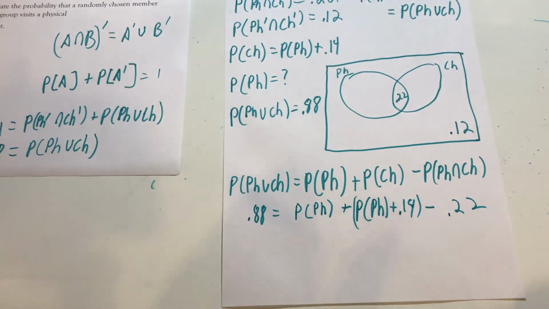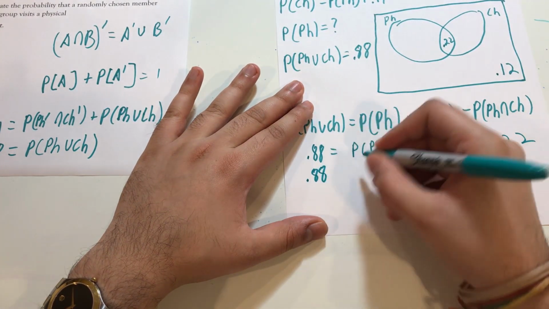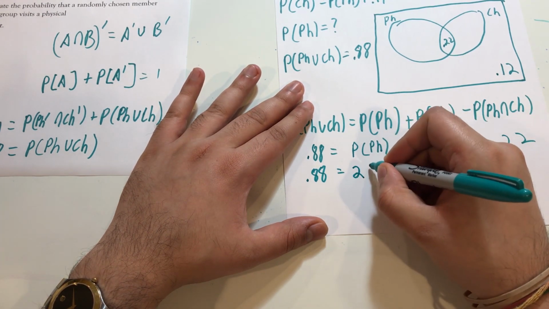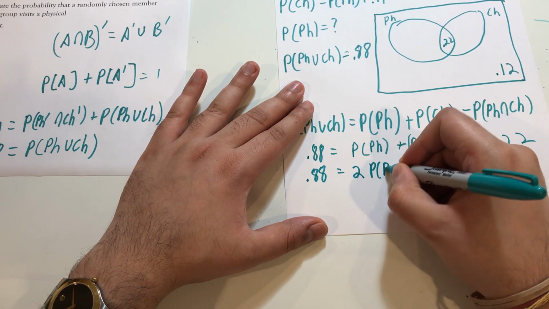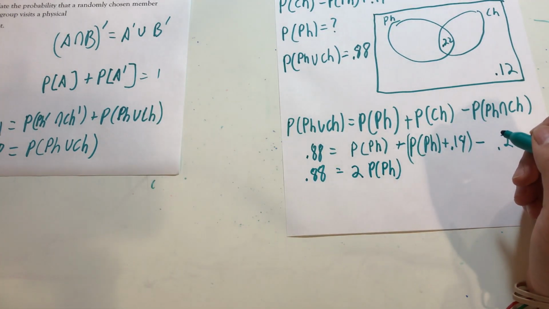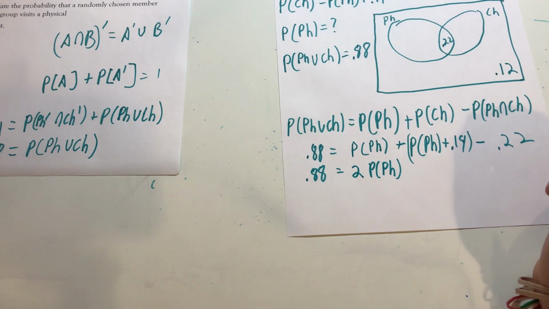All right, so now let's just solve this algebraically, right? After this setup, this is all an algebra problem. 0.88 equals, and then opening up this parentheses, it's now 2 times the probability of going to a physical therapist. And just to make sure I don't make an embarrassing arithmetic mistake, I'm going to use a calculator for this.